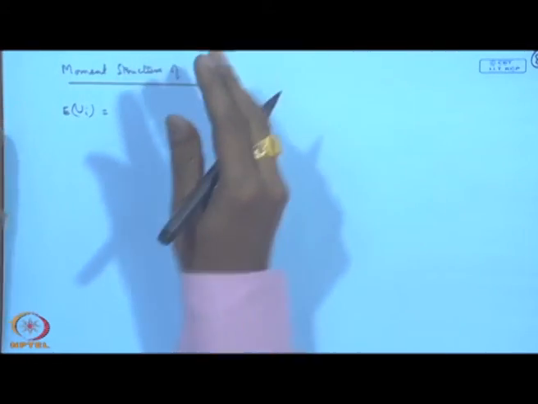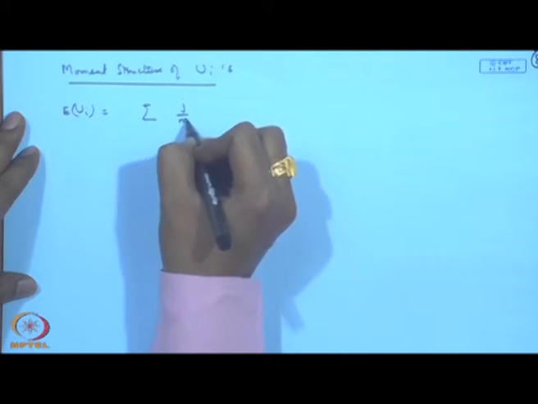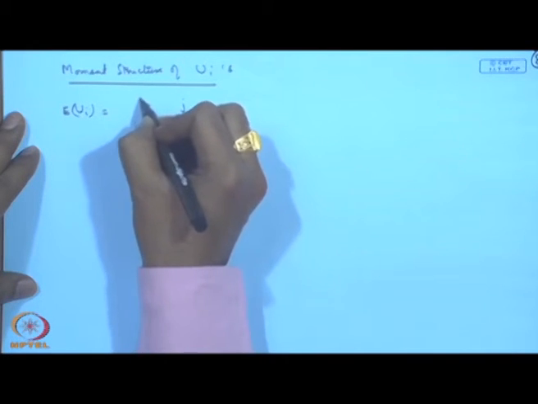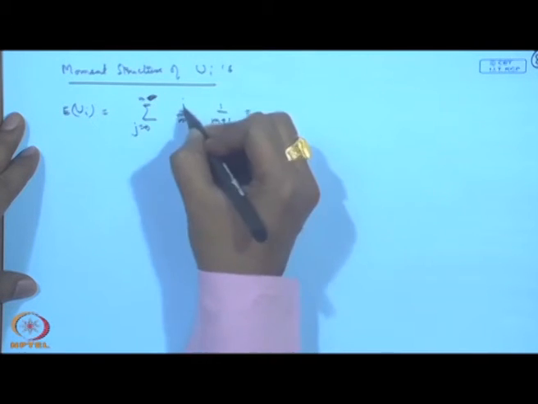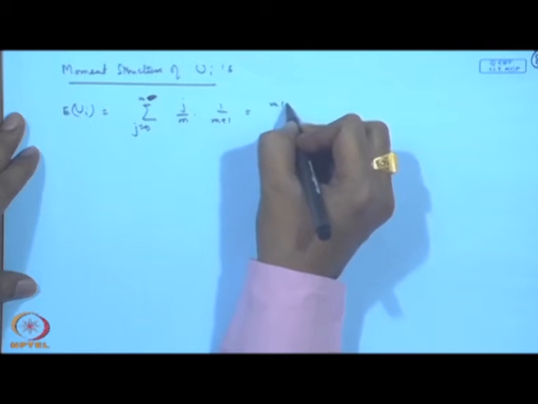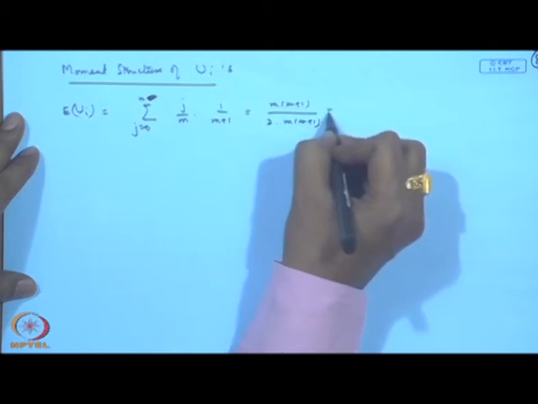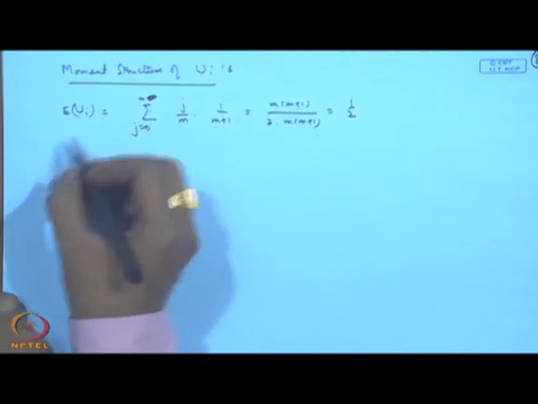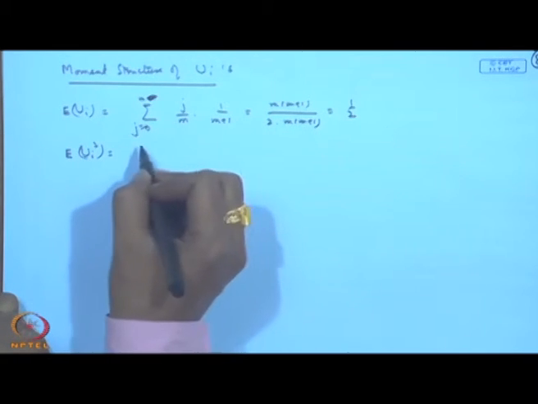So, when you consider the mean of this, it is simply becoming equal to sigma j by m times 1 by m plus 1, j is equal to 0 to m. So, what is this term? m into m plus 1 by 2, and this is m into m plus 1. So, the mean is half, and you can of course look at higher order moments also. I am not going to write the full details here, you can just check it.